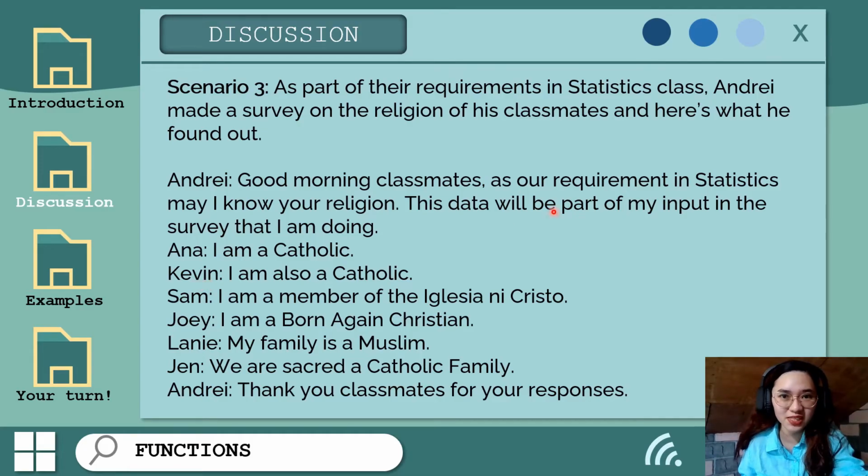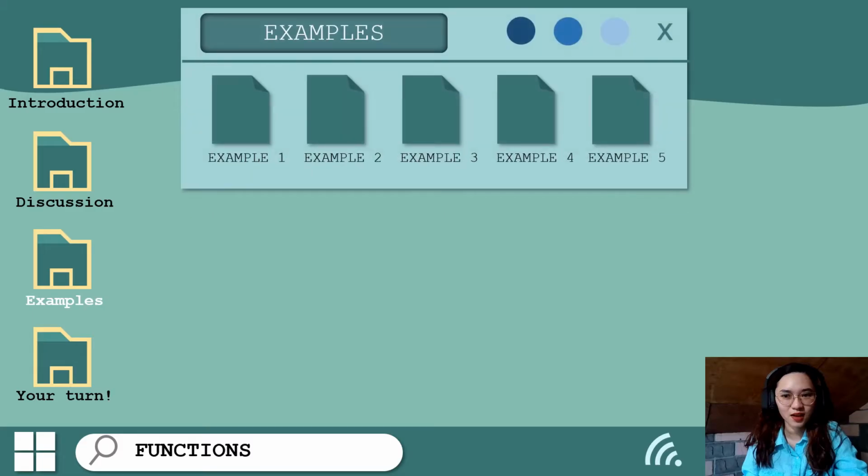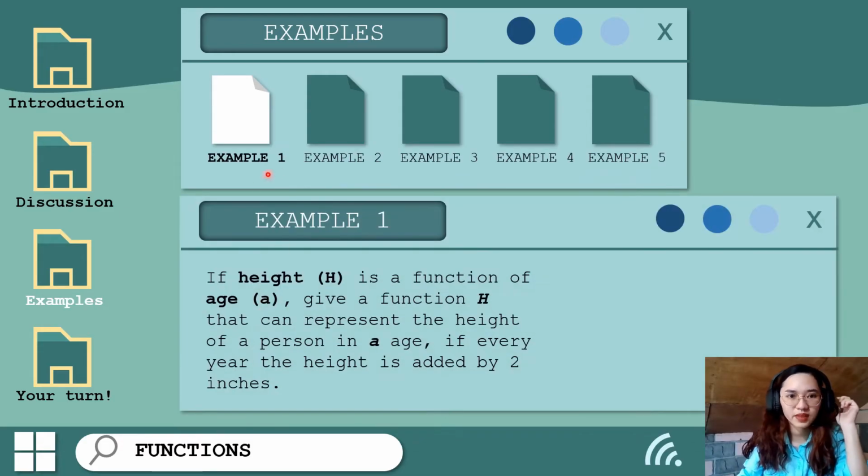So let's have some more examples of situations that can be represented as functions. And let's have example number 1. If height h is a function of age a, give a function h that can represent the height of a person if every year the height is added by 2 inches.